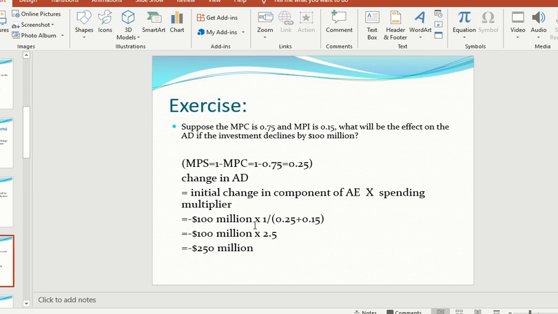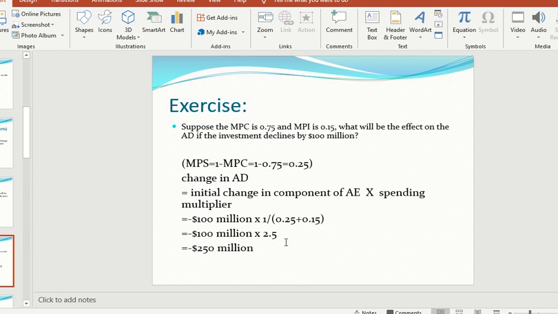million, multiplied by 1 over, so we're given the MPC, so we can use 1 over 1 minus MPC. So 1 over 1 minus MPC, it is also equal to the marginal propensity to save, 0.25. So what we have here is 1 over MPS plus MPI.